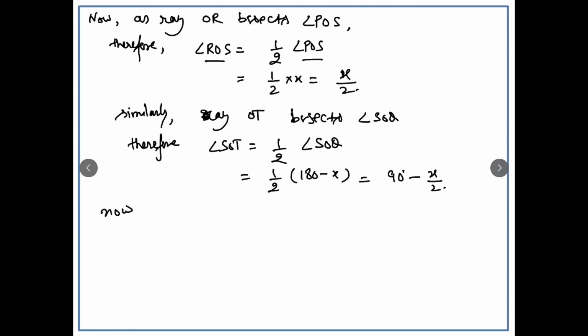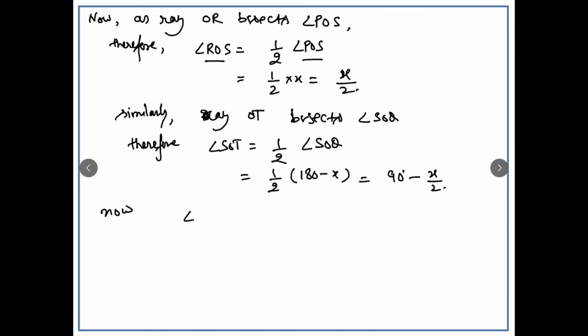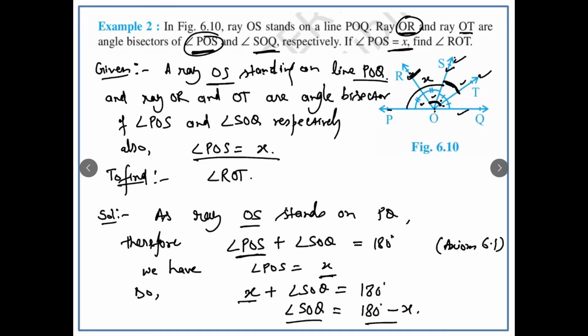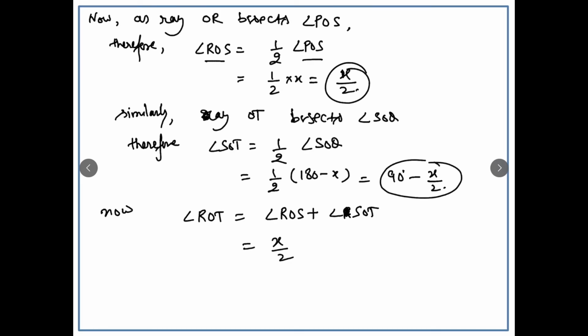So we'll write now this angle ROT will be the sum of angle ROS and SOT. It will be the sum of angle ROS plus SOT. ROS we calculated here, which is x by 2, and SOT is 90 minus x by 2.